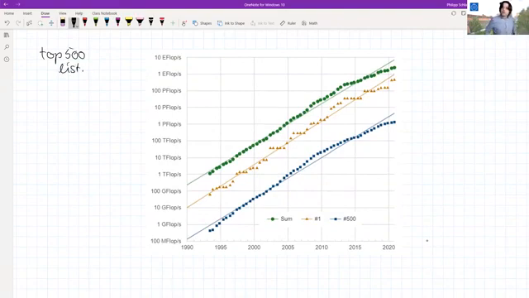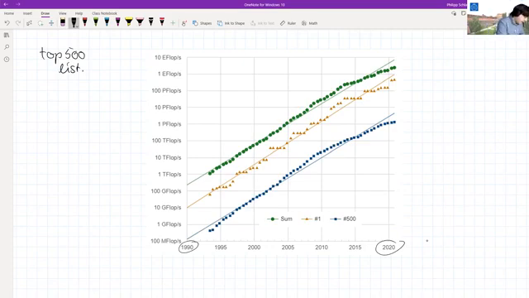What does this have to do with what we talk about here? The top 500 list is a list of the 500 fastest computers every half year. So this list is updated every 6 months. And it essentially shows, as a function of year, here from 1990 until 2020, how the speed of the fastest computers has evolved during the last decades.